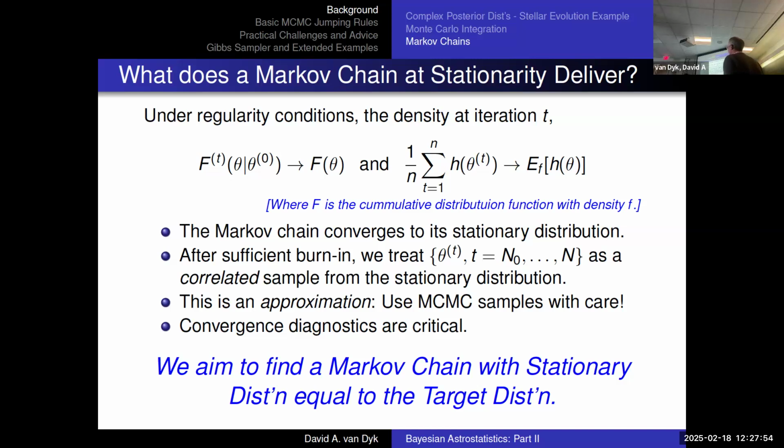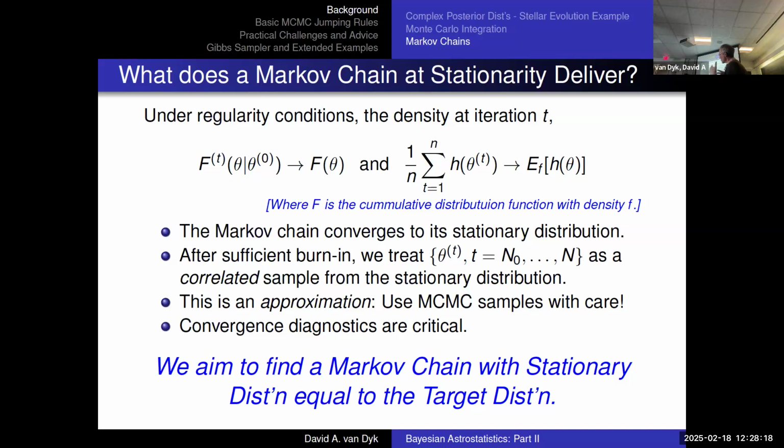If I get more and more samples. So what we usually do in practice is after a sufficient burn-in time, we have a Markov chain, we've run it for capital N iterations. We throw away the beginning of it and then pretend, or act as though we have samples from the stationary distribution.